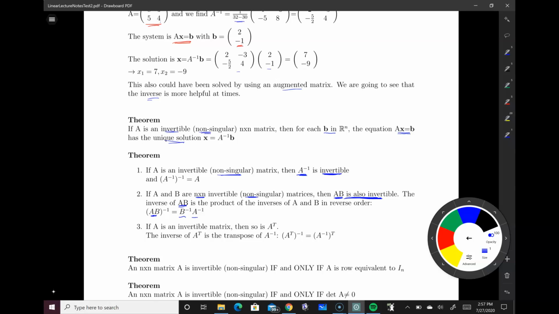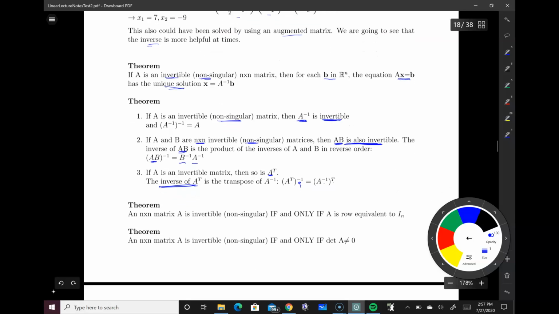Okay. If I know A is invertible, then so is A transpose, meaning A transpose is invertible. The inverse of A transpose will be A inverse transpose, so you can switch the order of these operations. Okay, just good facts you need to know.